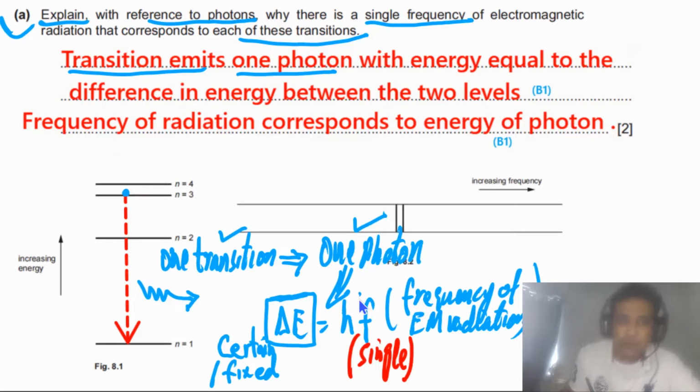And the frequency of emitted radiation corresponds to the energy of the emitted photon. As this energy is fixed, this frequency is also fixed, so this is a single frequency. So this is how you need to answer, and this question has 2 marks. If you have written these 2 points, you will get 2.